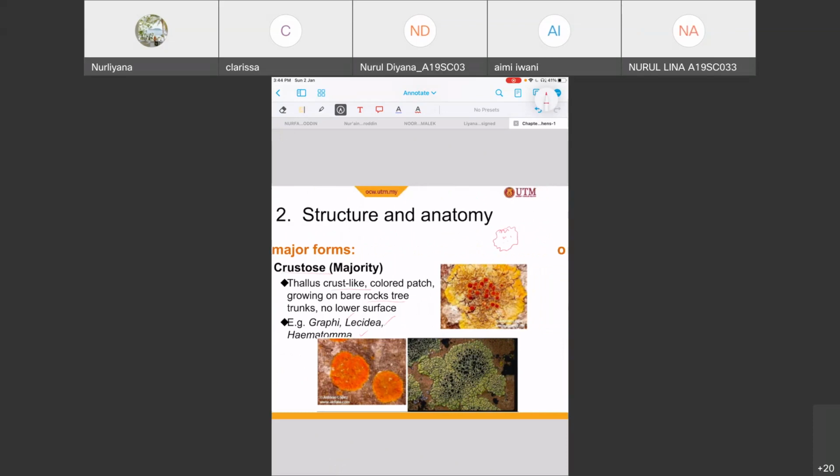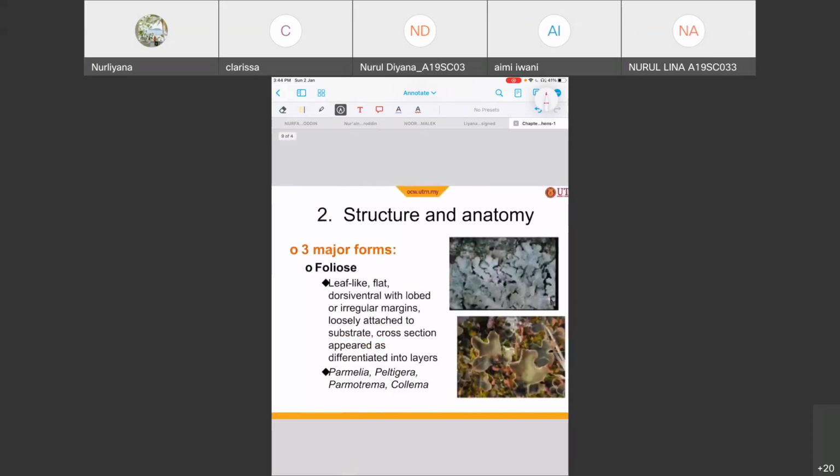Okay, the second type of lichen is foliose, where it started to give a leaf-like appearance. For example, you can see here it has started to form something like leaves, but it's still attached to the substratum in a flat structure. Cross-sectionally, they appear differentiated into layers.